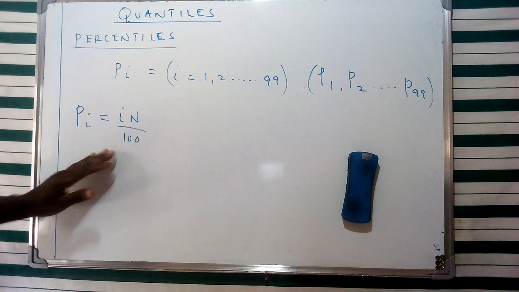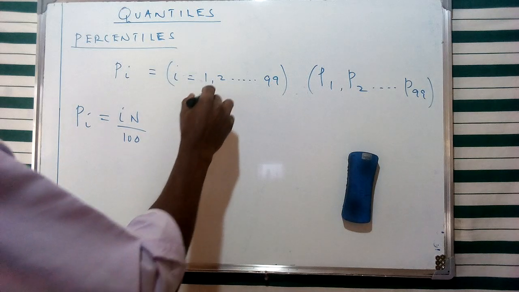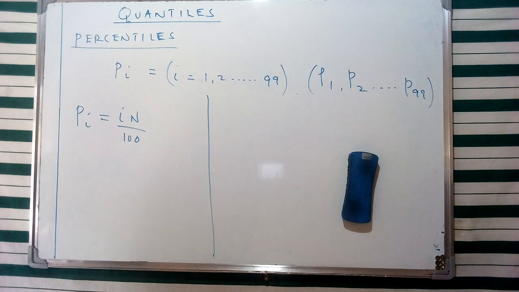For grouped data, we have a different type of relationship, which gives us the Pith percentile.